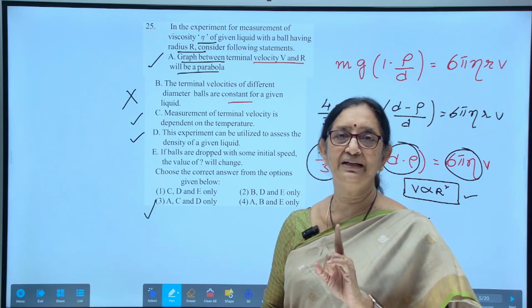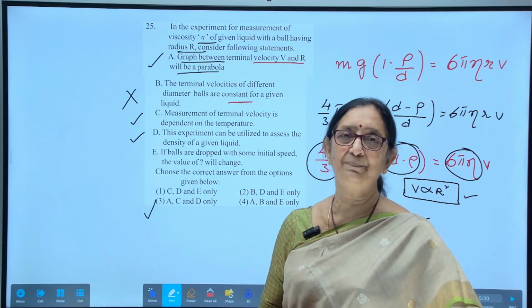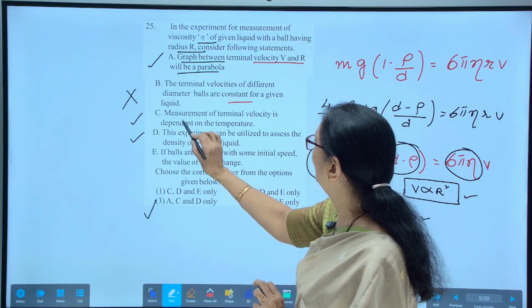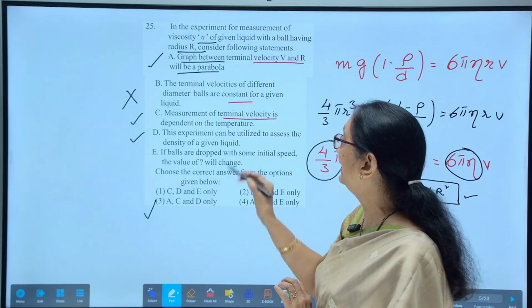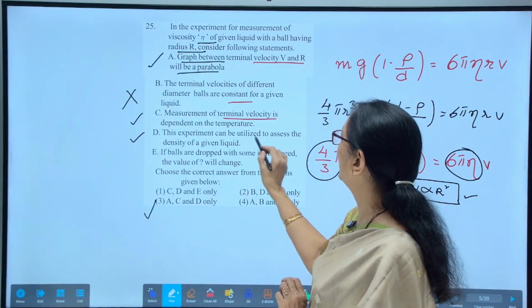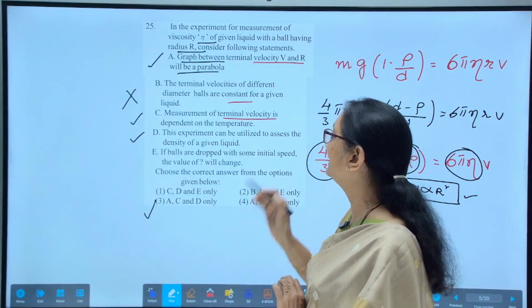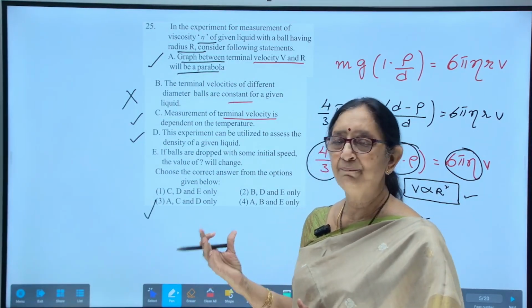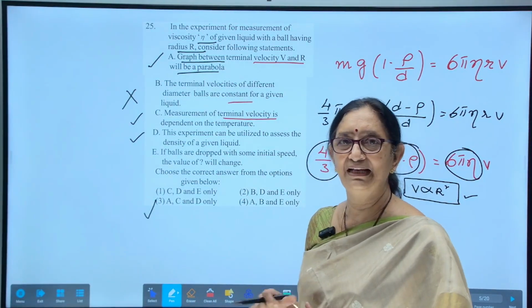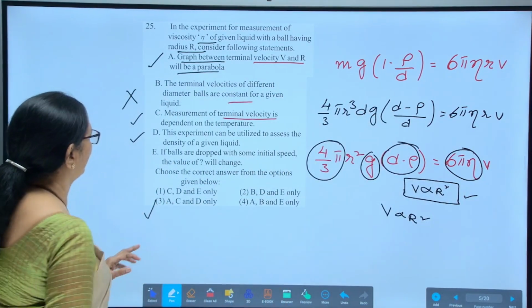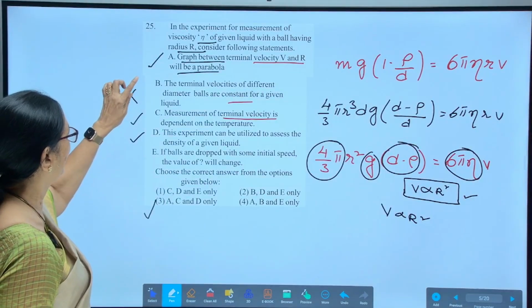As the coefficient of viscosity changes with temperature, the measurement of terminal velocity depends on the temperature. That is a correct statement. The experiment can be utilized to assess the density of the liquid. Very obviously, the density of the liquid can be measured if eta of the liquid is already known. So A, C, D are correct and B is wrong.